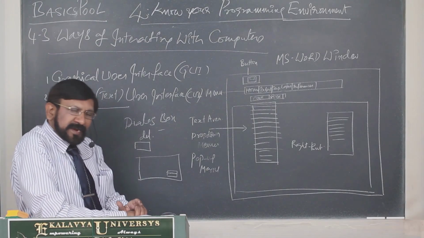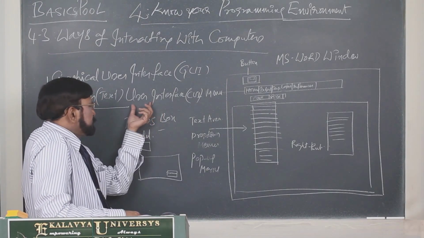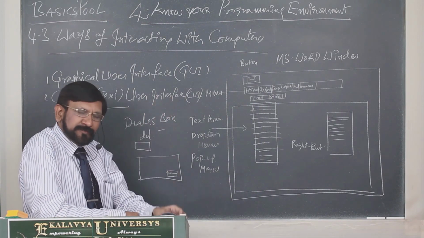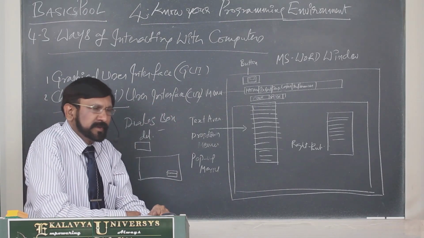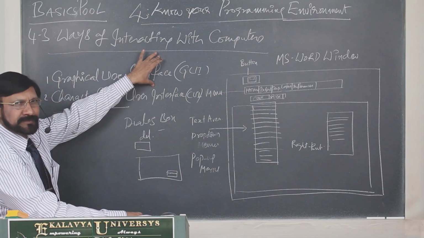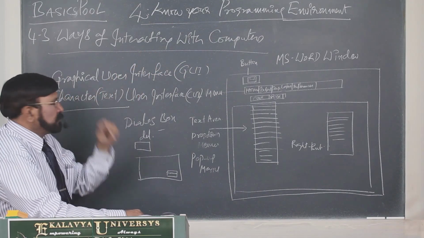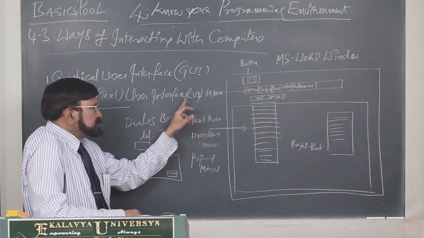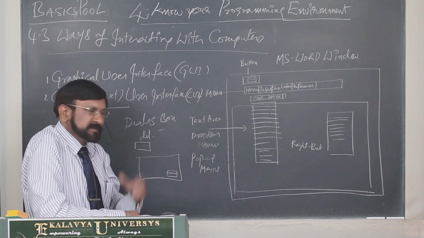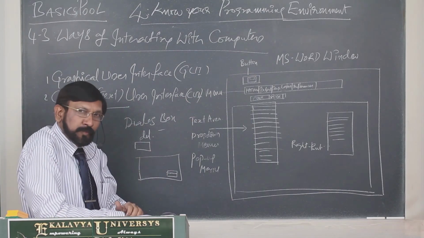The second category of interfaces are character user interfaces. As I told you earlier, GUIs are the latest. Earlier, before the introduction of graphical user interfaces, CUI, character user interfaces or text user interfaces were popular.